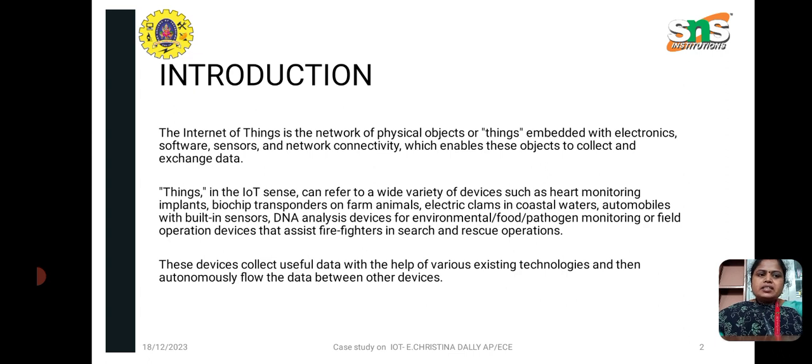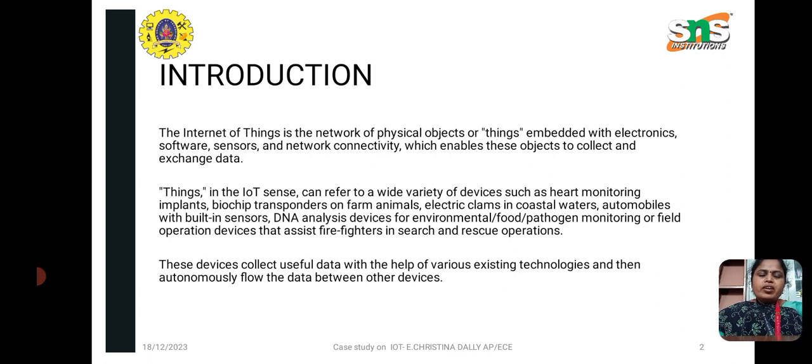So here embedded is nothing but the combination of both hardware and software, and we are going to enable the objects and exchange the data. What I mean by things in this IoT sense is that we have a variety of devices.